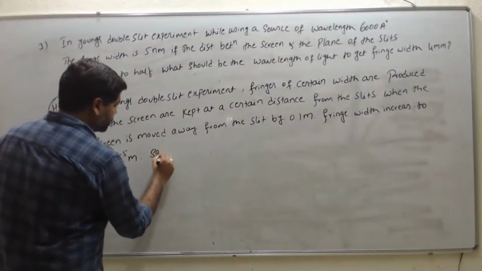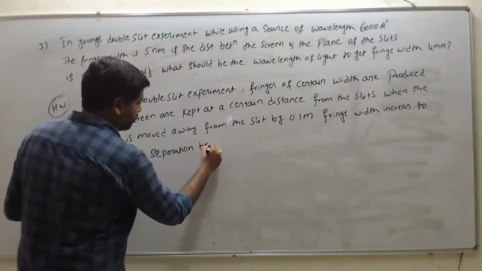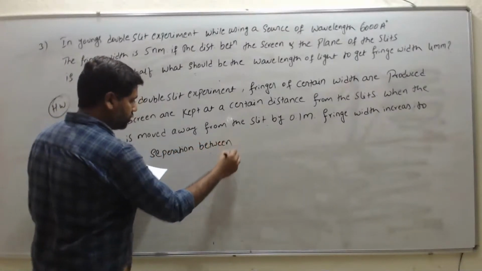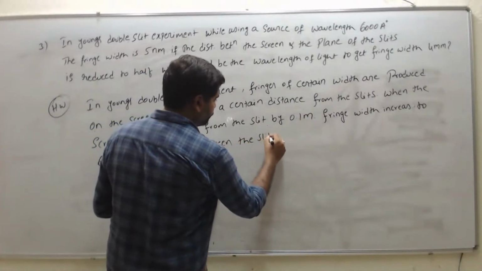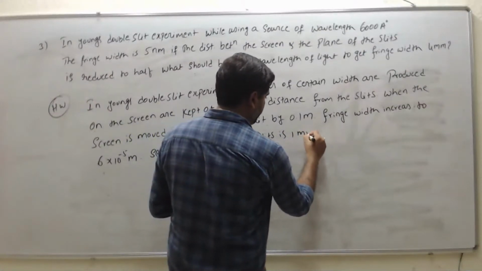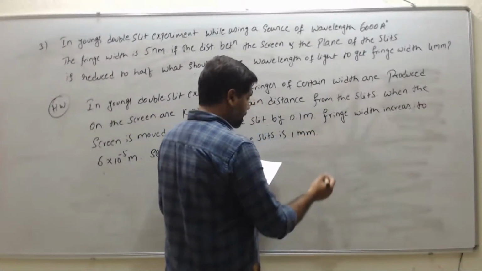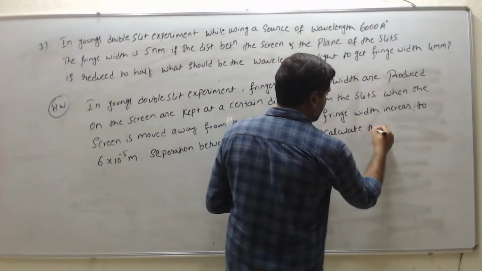The separation between the slits is 1 millimeter. Calculate the wavelength of light used.